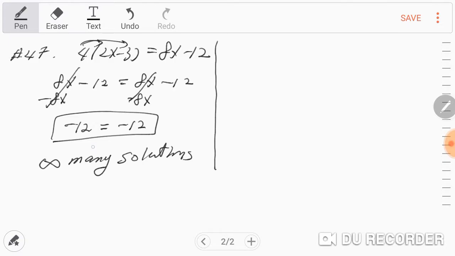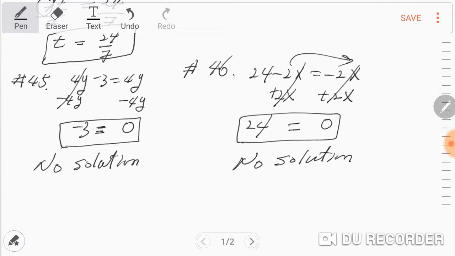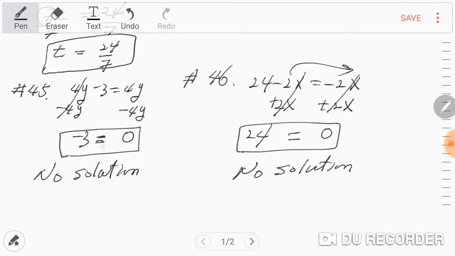So whenever we have an equation which is true, then we will conclude it as what? There are infinitely many solutions. Okay, how about the previous example? The result that we have is false, always false. Negative 3 cannot be equal to 0. Then we can conclude it as what? There are no solutions. 24 is equal to 0.